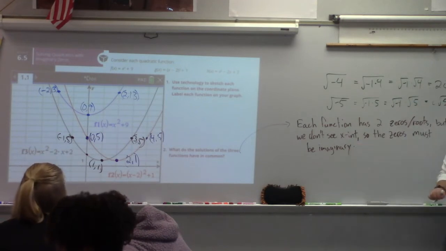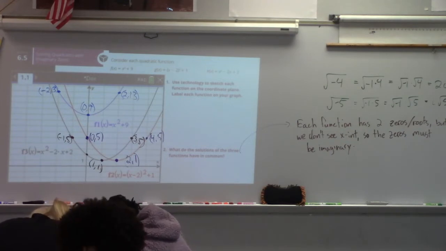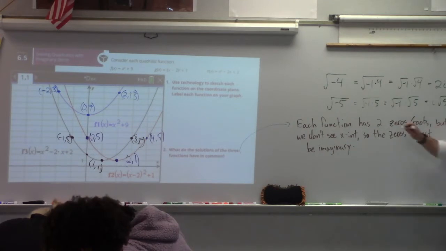Once you get your graphs done, make sure you get that note for number 2, that we know each function has 2 zeros or roots, but we don't see x-intercepts, so the zeros must be imaginary.